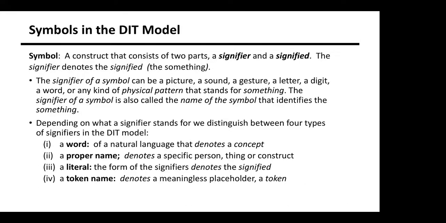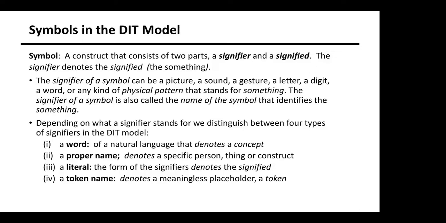So in our definition of communication and information, a symbol played a very important role. And what is a symbol? A symbol is a construct. A construct is a product of the human mind that has two parts, a signifier and a signified.